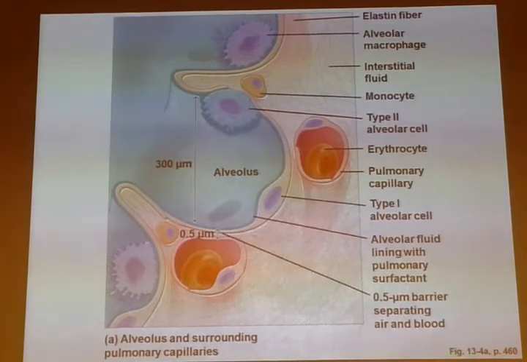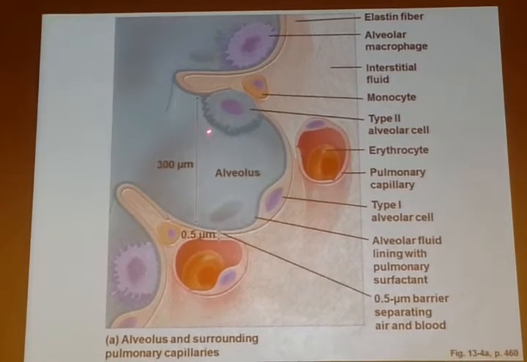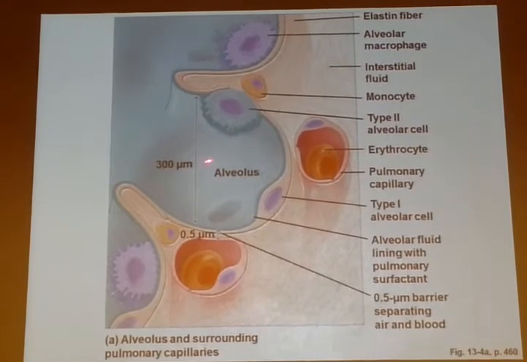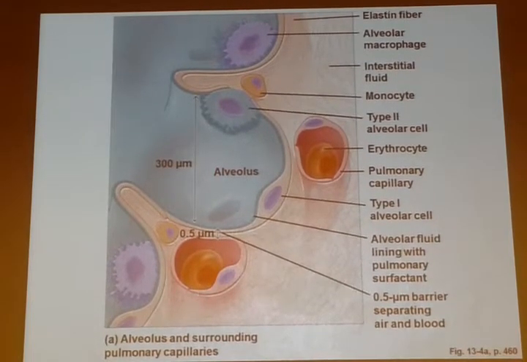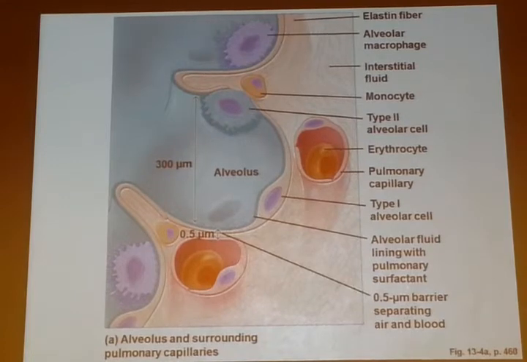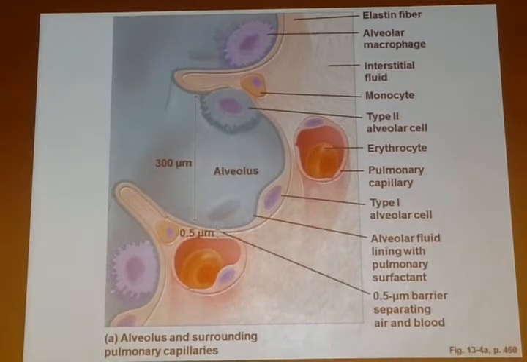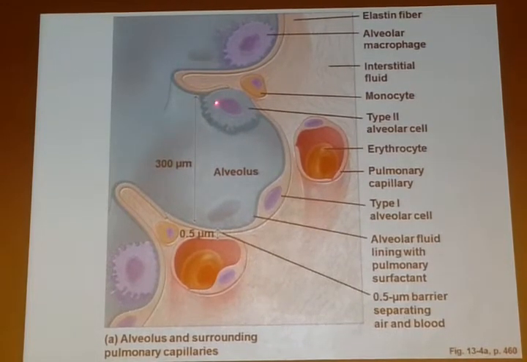So I like that picture because they've given the surfactant a color. It's thicker over the type 2 alveolar cell or surfactant secreting cells, and then it diffuses away and coats the rest of the surface area. And that will then push water molecules apart and interfere with their interaction with each other. That will keep these alveoli open.